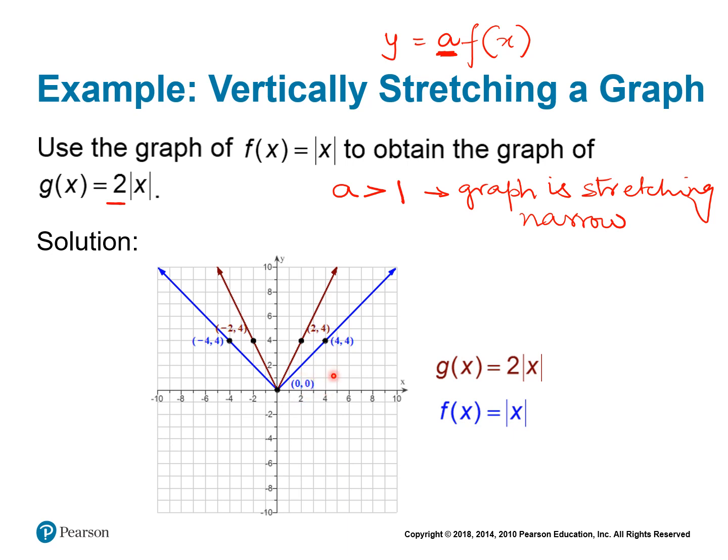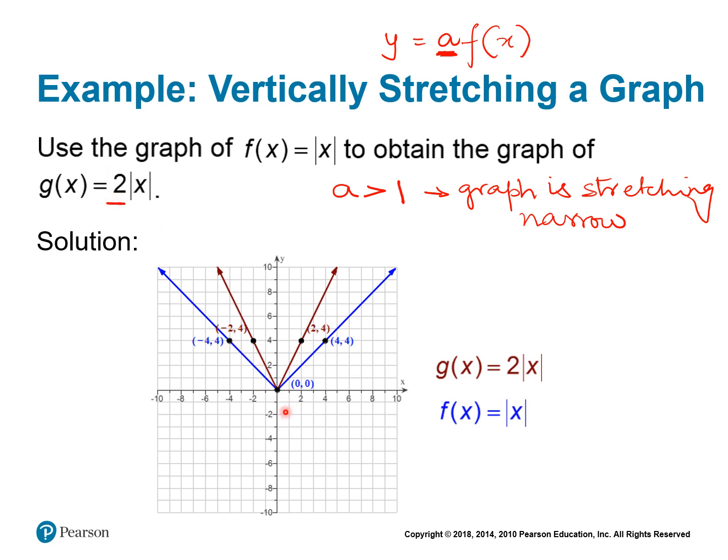When x is 4, y is 4. When x is 6, y will be 6. And same thing for the negative values of x, we will have the same positive value, the absolute value of the negative values. But in the transformed graph, each of the y values gets multiplied by 2, so they double.